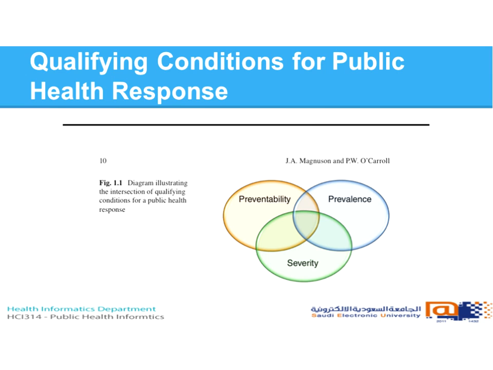When it comes to severity, the condition or disease must be severe enough in its effects to warrant some type of intervention or monitoring. When you say preventability, the condition must be preventable or at least able to be mitigated by public health interventions or behavioral modifications of the population.